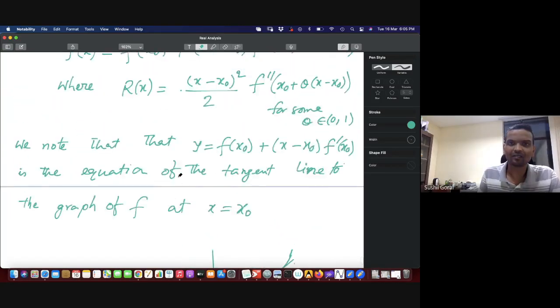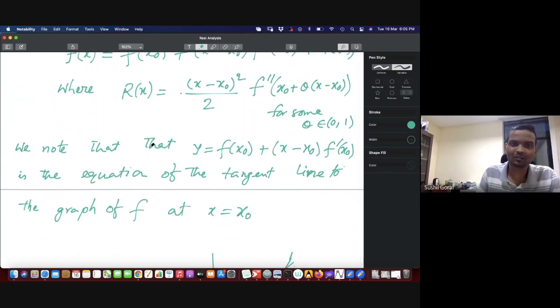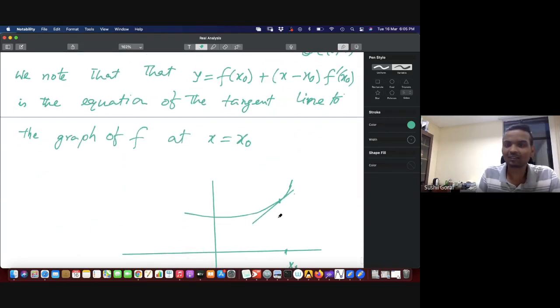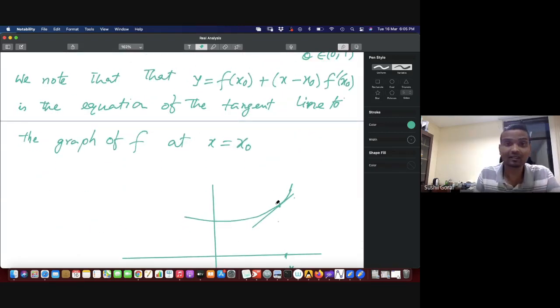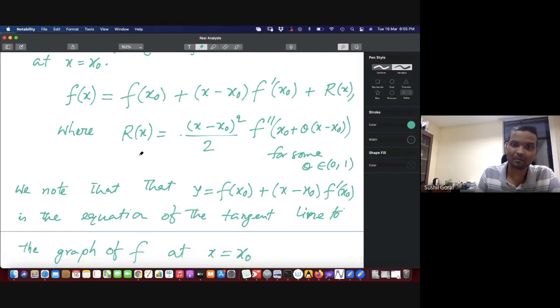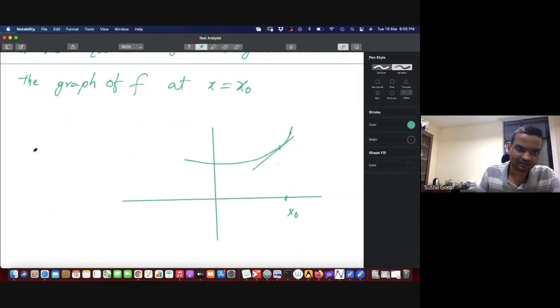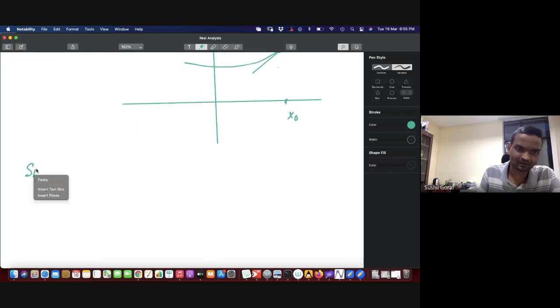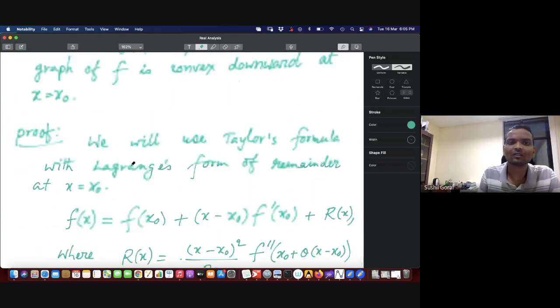All right. So now we'll compare. Whether this curve lies below or above the tangent line will be determined by the remainder term. So since f double prime x naught is, what was the assumption?